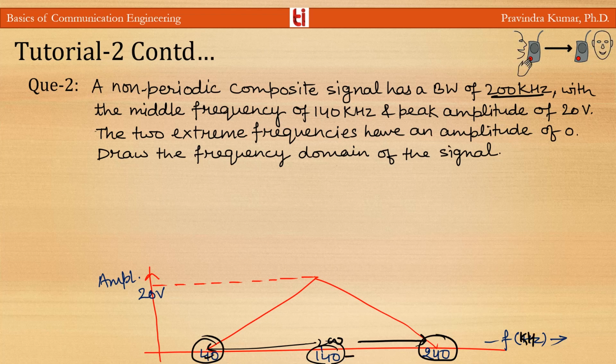The amplitude of the center frequency is 20 volt, and the amplitude of the two extreme frequencies is 0. So using these given parameters we can draw the frequency spectrum of this composite signal.